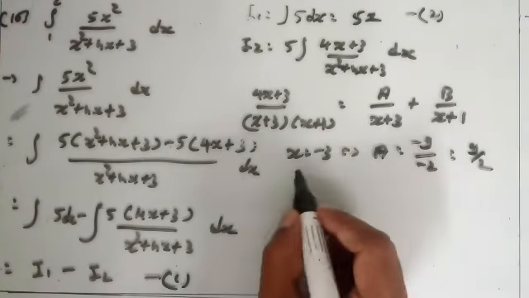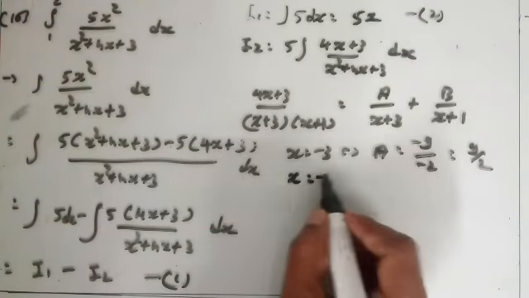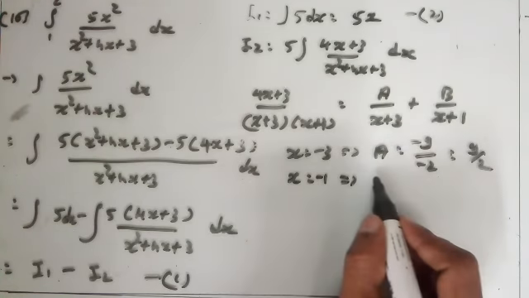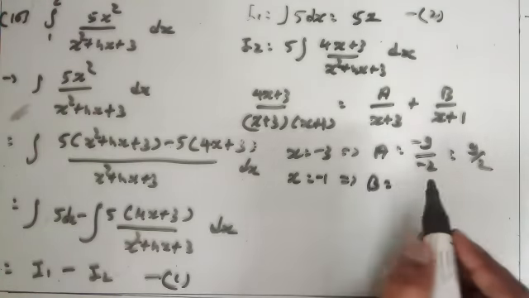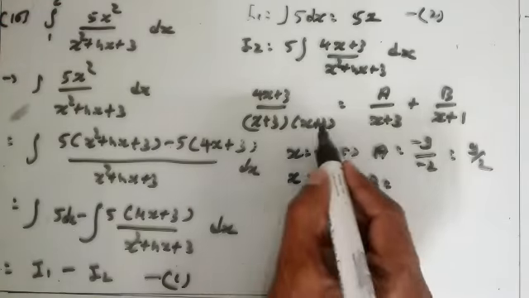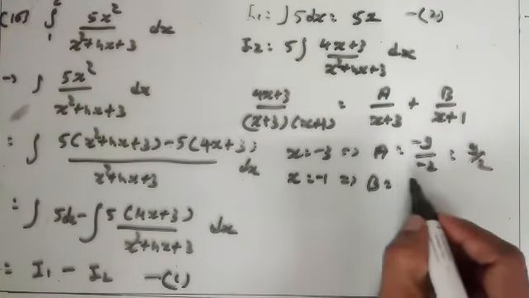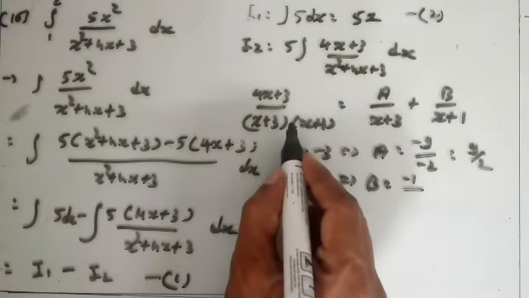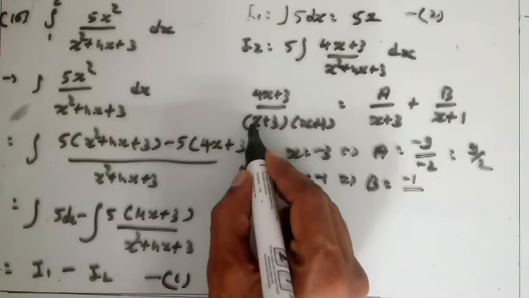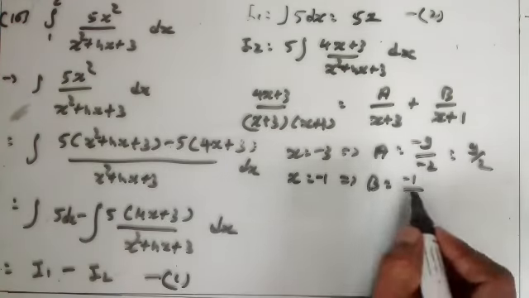And x equal to minus 1. This implies b is equal to, comparing these two terms, x plus 1 cancels, so replace x by minus 1: minus 4 plus 3 is minus 1, upon minus 1 plus 3 which becomes 2.